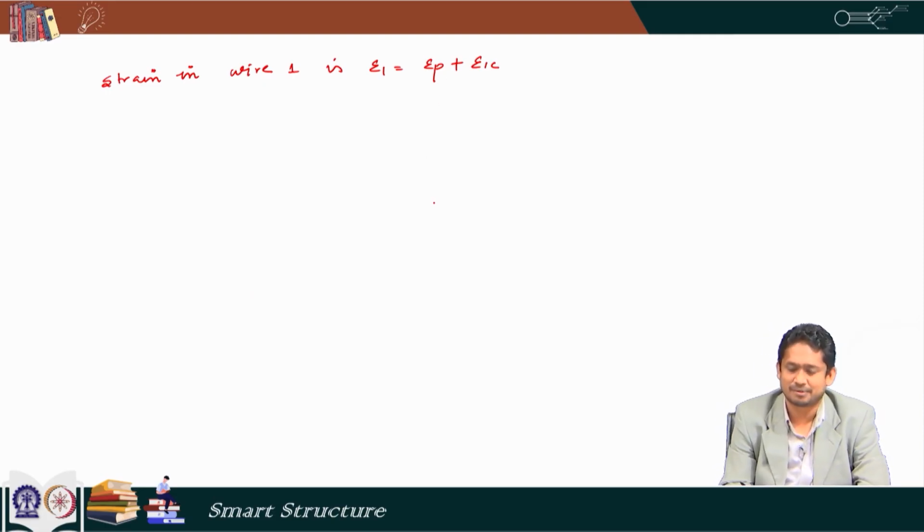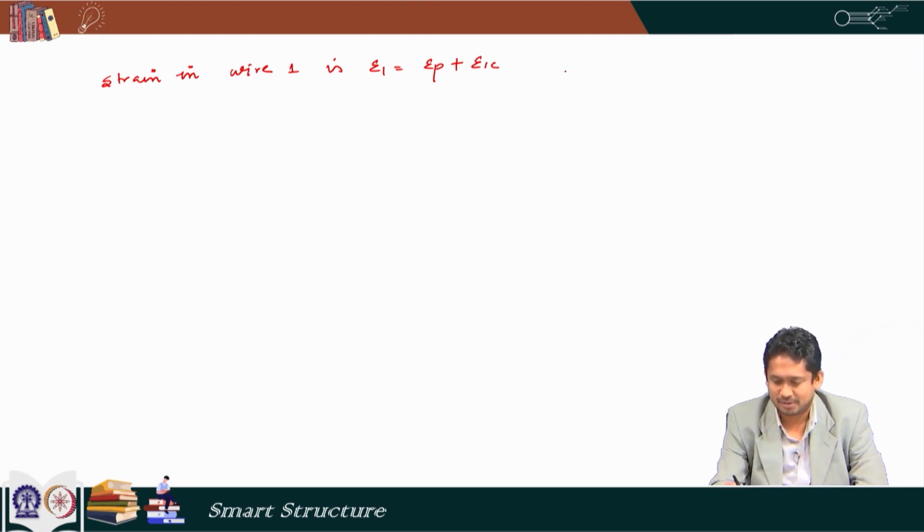When the beam is undeformed, the amount of pre-strain in the wire is epsilon p, and it should be the same in both wires because they are symmetrically placed.